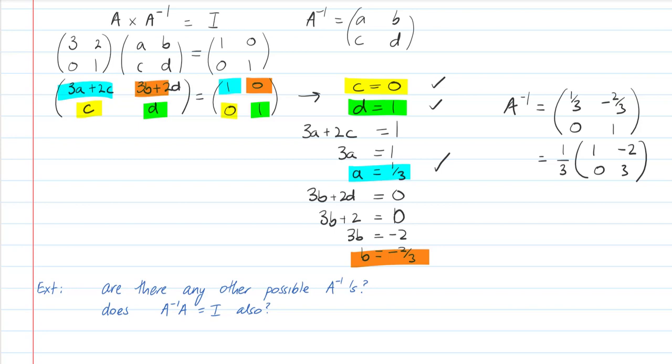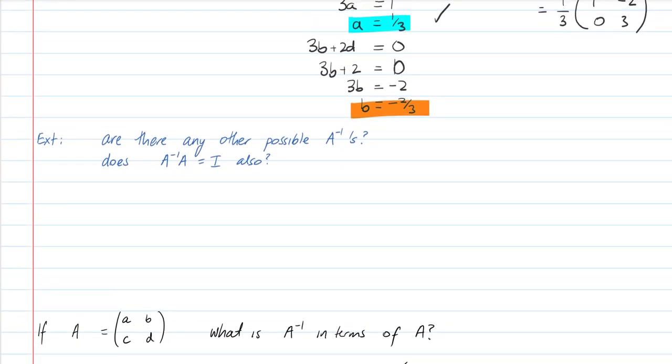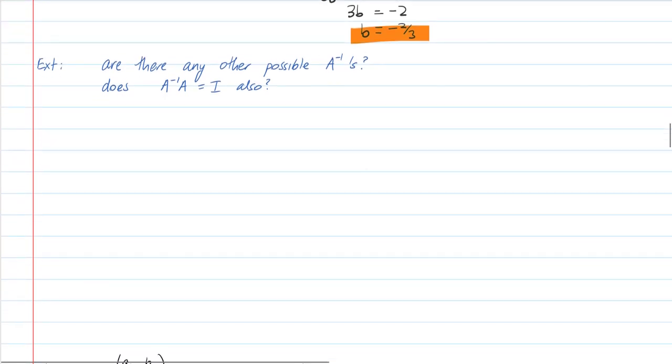And does A inverse A equal I also? Now, this is a pretty straightforward question. It's a one-off question, so I can just do the calculation. But the question about whether A inverse A always equals I is a little bit different, and we need to think about it. We've got square matrices, so our dimension mismatch is not a big issue. But I write it up as 1/3, negative 2/3, 0, 1, and I'm doing it on this side this time, 3, 2, 0, 1 there.